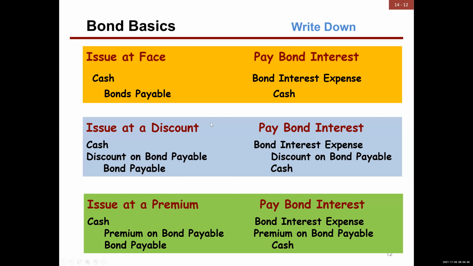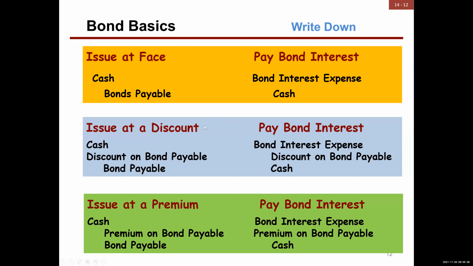Now, in real life, when you issue a bond, the rate that you're offering will be different than the market rate. So you might be offering 8%, but in the market, they're earning 10%.